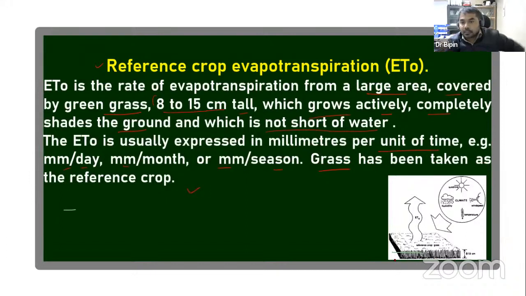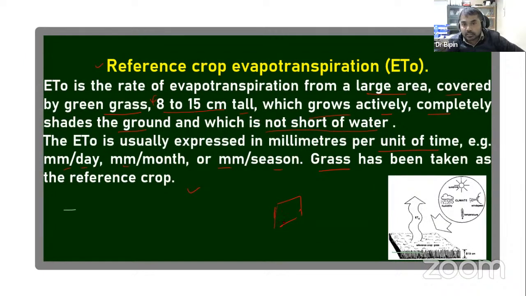Suppose you want to calculate the reference evapotranspiration, what would be the potential evapotranspiration that can happen from a particular area? If you are really interested to estimate that, then you need to consider some specifications given here.